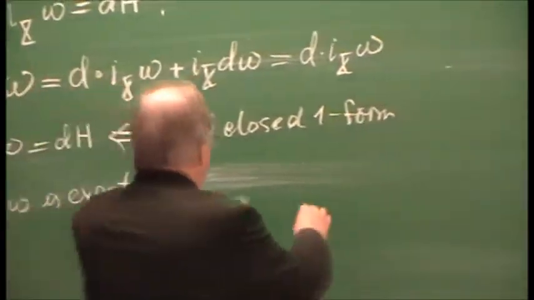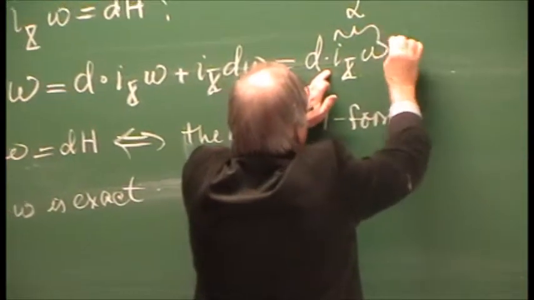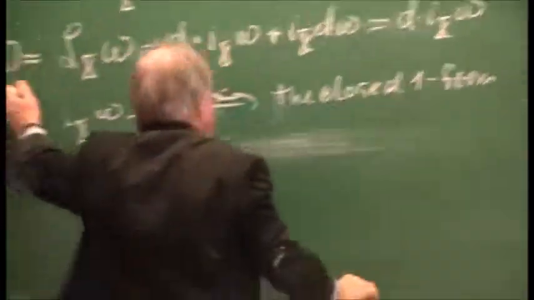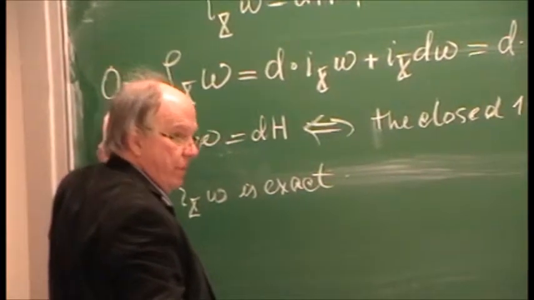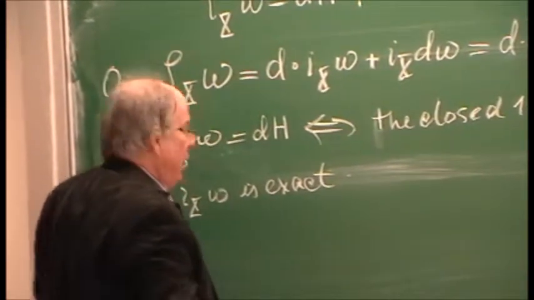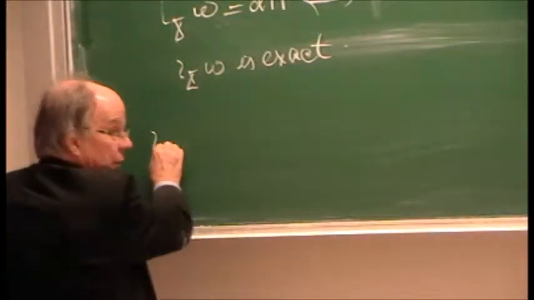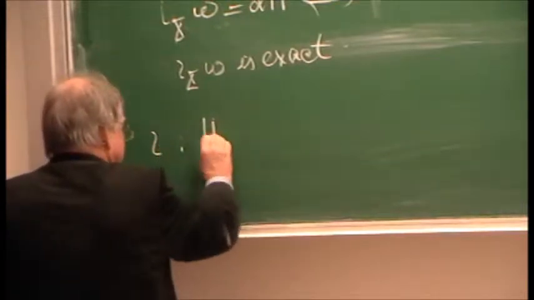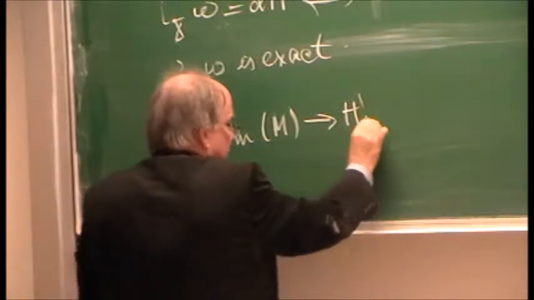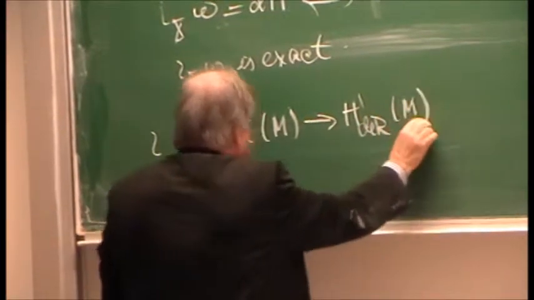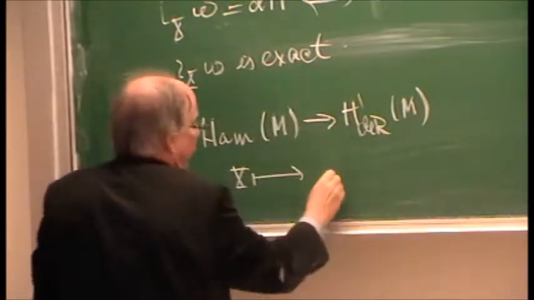So we want this one-form, this thing is a one-form alpha, and it's obvious that d of alpha is equal to 0, so it's a candidate for being exact, but it may not be. We know very well examples where you have closed one-forms that are not exact, and so what you do is, you say the map iota, from Hamiltonian to de Rham cohomology, is simply: you take a field, and you ask the question, is this one-form exact?